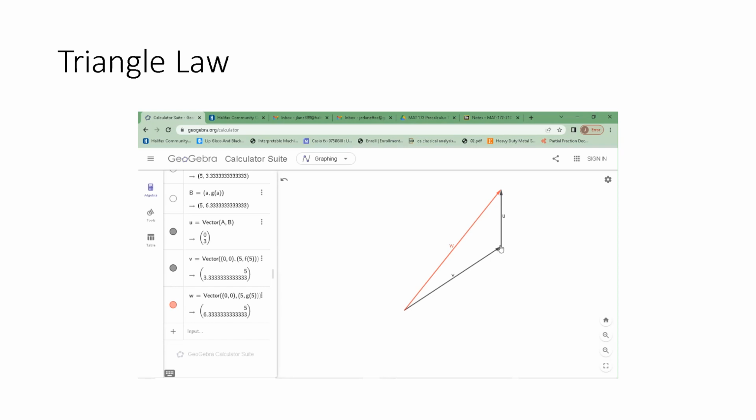It's really just depending upon who's explaining this. But once those are joined, then you can complete the formation of a triangle and have a vector w correspond to the sum of the v vector and the u vector put together.